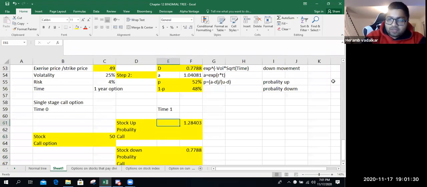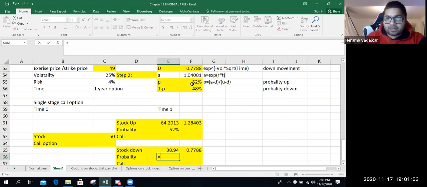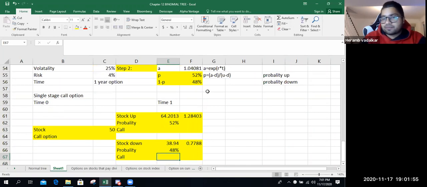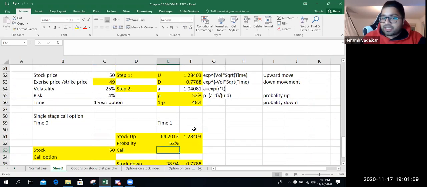So if stock moves up, it will be 50 times U, 1.28. If stock moves down, it will be 50 times D, that is 38. What is probability of it moving up? Probability is 52%. What is probability of it moving down? 48%.